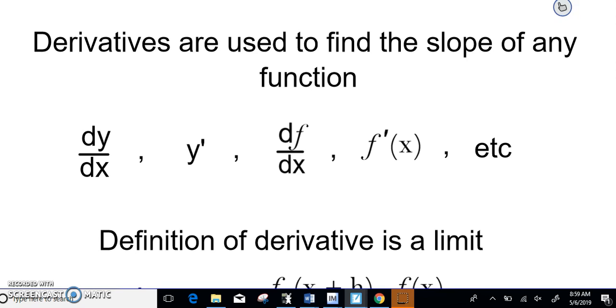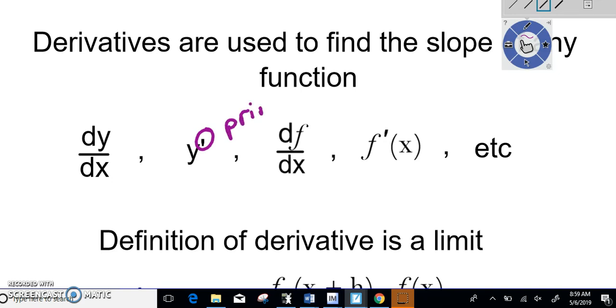So you have dy dx, which is the first one. You have y prime. This symbol right here is considered our prime. So we call that y prime.